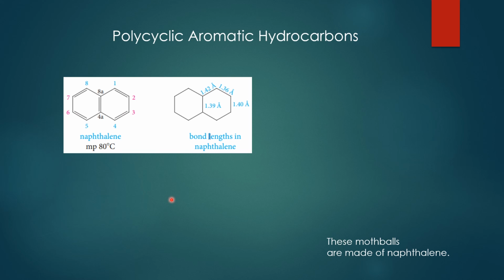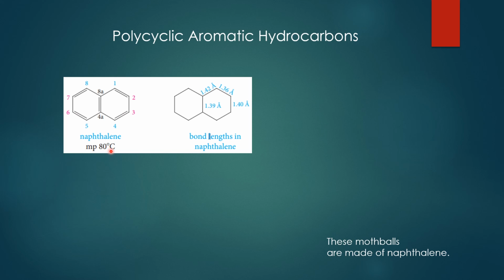A byproduct of this conversion of coal to coke is a distillate called coal tar, a complex mixture containing many aromatic hydrocarbons, including benzene, toluene, and xylene. Naphthalene, C10H8, was the first pure compound to be obtained from the high boiling fractions of coal tar. Naphthalene was easily isolated because it sublimes from the tar as beautiful crystalline solid.